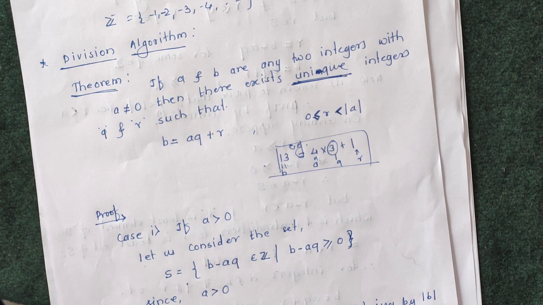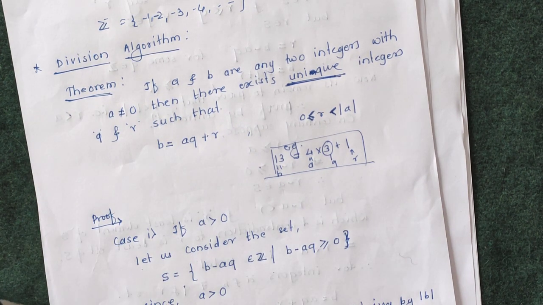In the proof of this statement, we have seen two cases. In the statement, we have given A is non-zero. So, there are two cases on A, that is either A is less than 0 or A is greater than 0. In the first case, for A greater than 0, we have considered the set S equal to b minus aq, where it is an integer greater than or equal to 0.